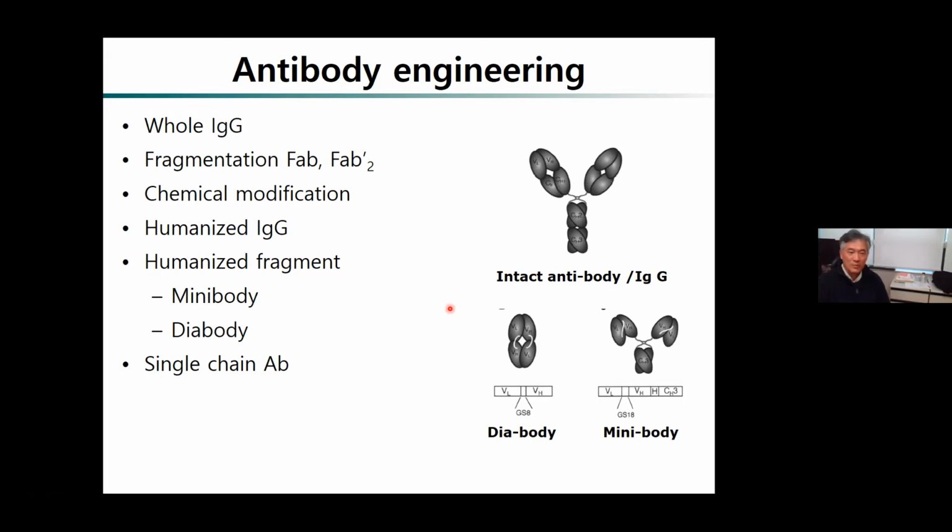So that's why blood circulation time is a very major factor for reducing the bone marrow toxicity. So I think these types of engineered antibody can be used for therapeutic radiopharmaceuticals.